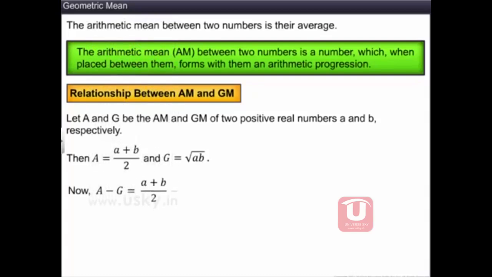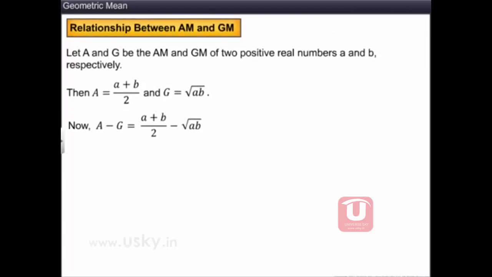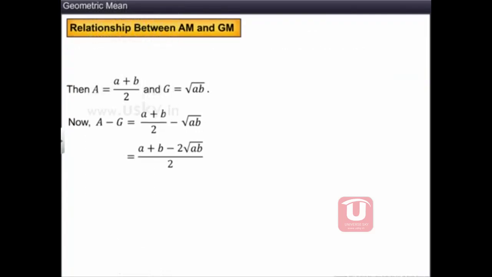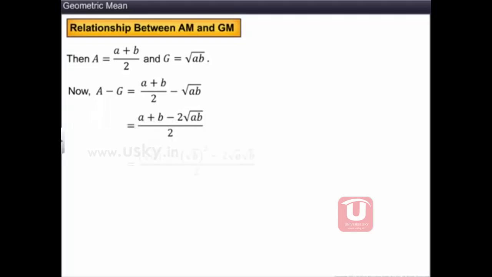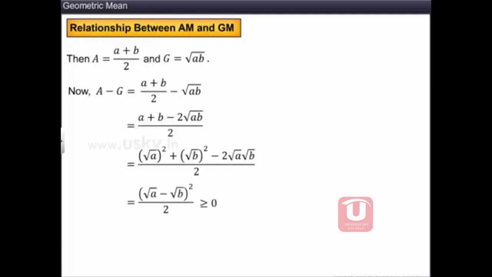This is equal to (A + B − 2√(AB))/2. Now, A can be written as (√A)² and B can be written as (√B)². This implies A − G is equal to (√A − √B)²/2, which is greater than or equal to 0.